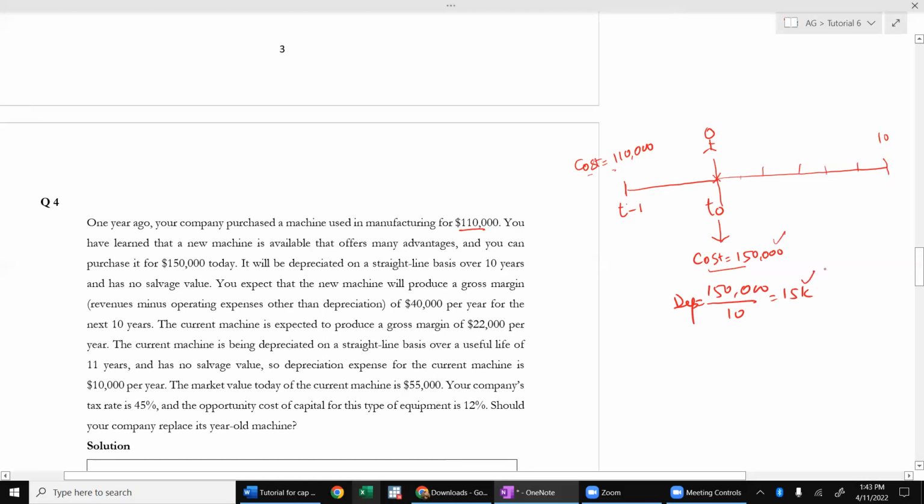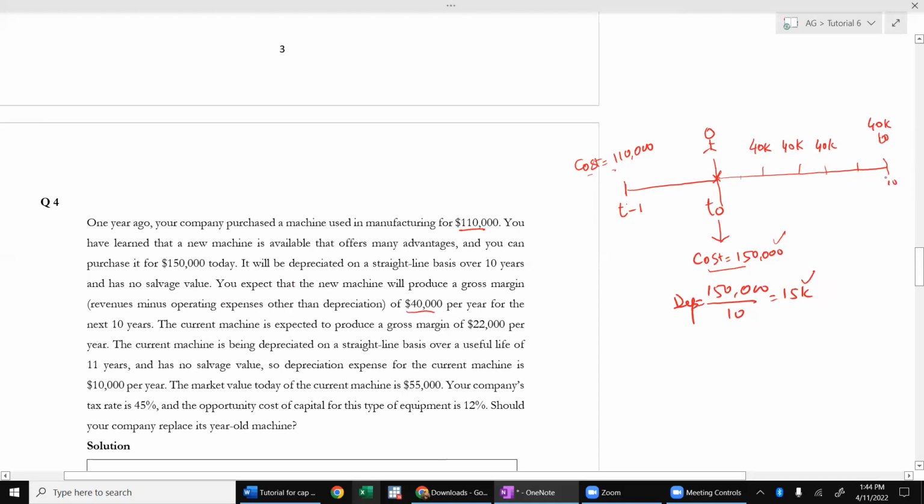Two informations we collected. Okay, you expect that the new machine will produce a gross operating revenue minus operating expenses other than depreciation of 40,000 per year for the next 10 years. So it means that when you buy this, every year you are going to make a gross profit of 40,000 for 10 years, 40K for 10 years.